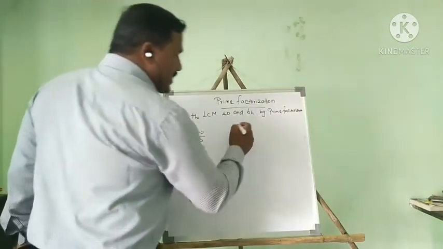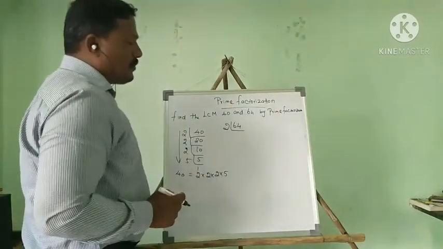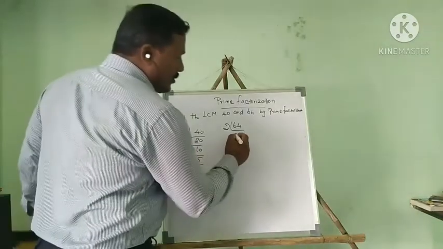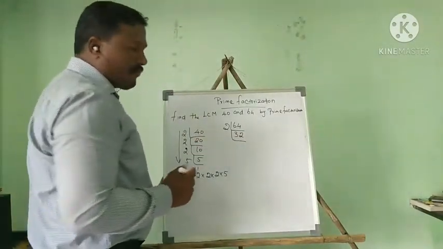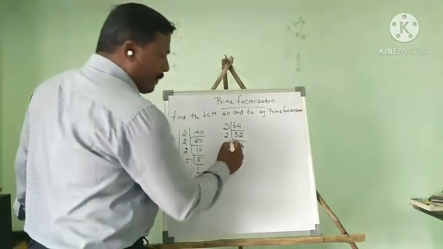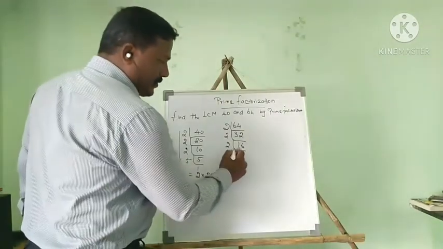Now I am going to find the factors of 64, divided by 2. So 32. 2 32s are 64. Then 16 2s are 32. Then 8 2s are 16.